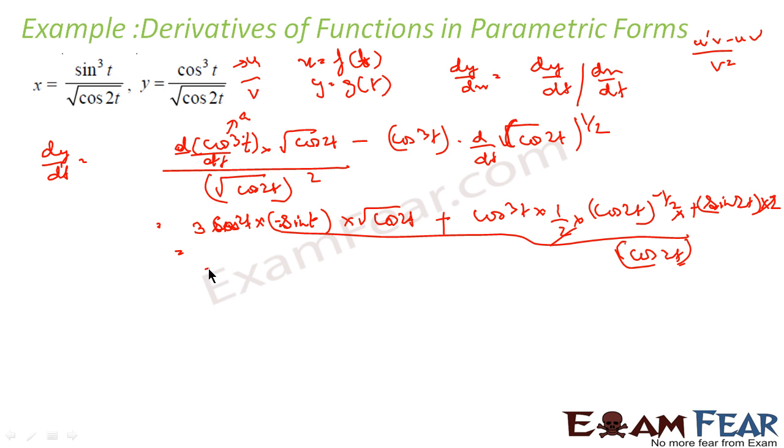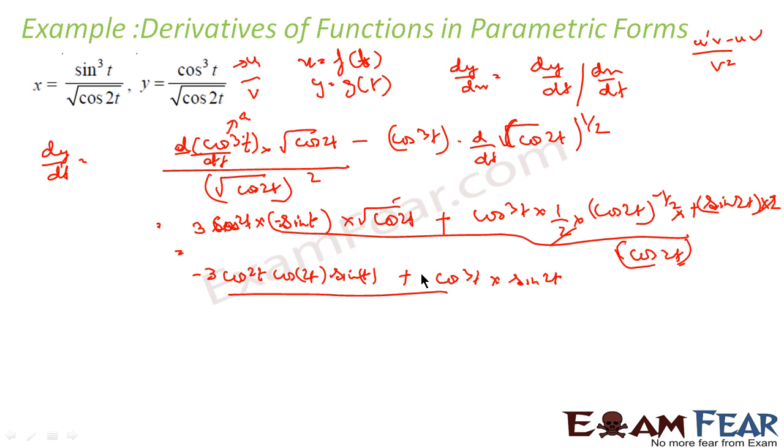You get 3 cos square t, this into this becomes cos 2t into cos 2t into sine t, this is minus, plus this becomes sine cos cube t into sine 2t.